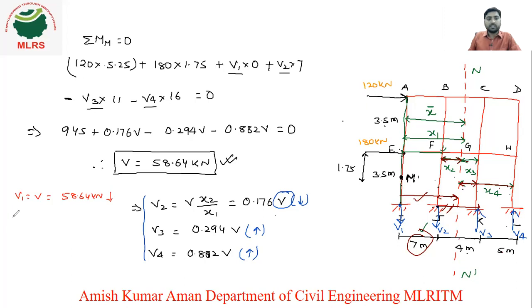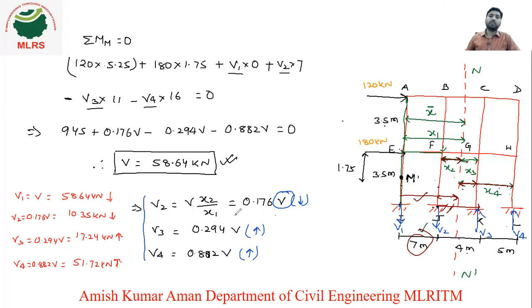Downward direction. Now we know V2 is equal to 0.176 V. So if you put it here, you will get V2 value as 10.35 kilonewton in downward direction. V3 is 0.294 V, so you will get 17.24 kilonewton in upward direction. And for V4 it is 0.882 V, so we will get 51.72 kilonewton in upward direction.